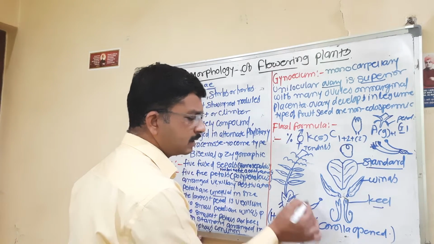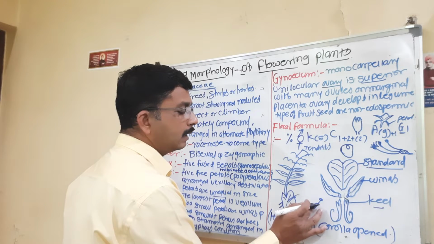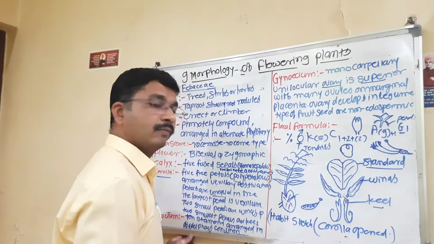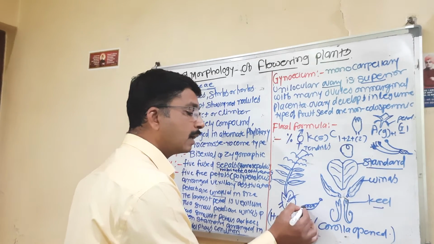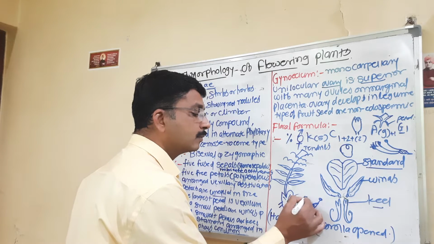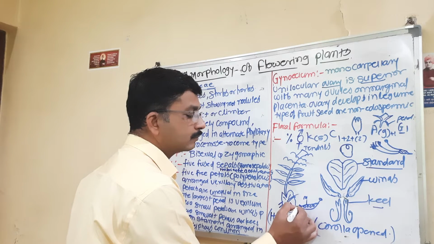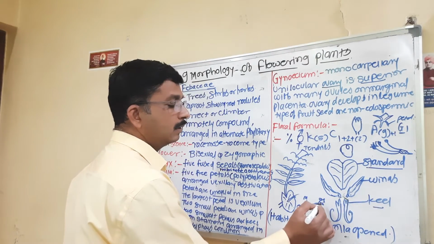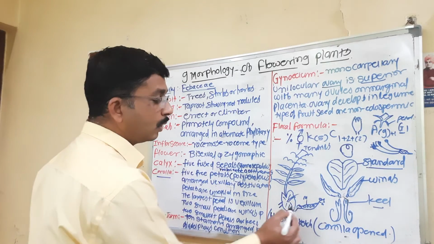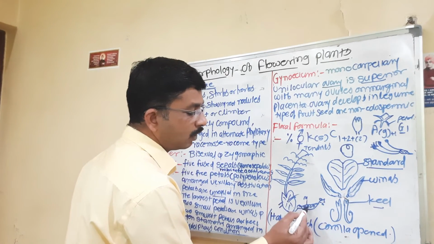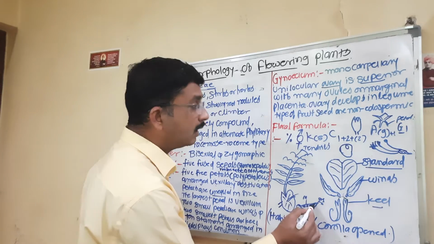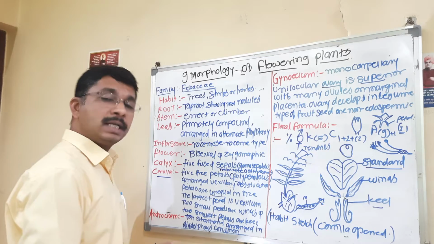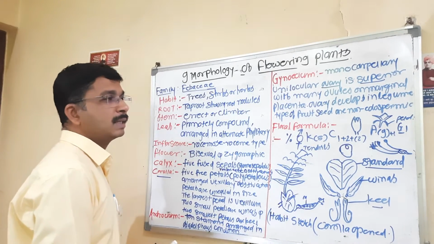This is the gynoecium, with stigma, style, and ovary, and inside the ovary we find a number of ovules attached along this margin, but they are present in one locule. This type of placentation is called marginal placentation.